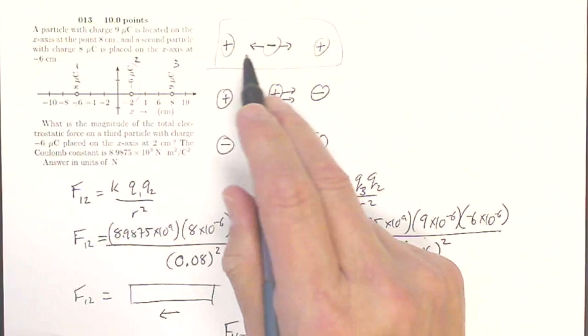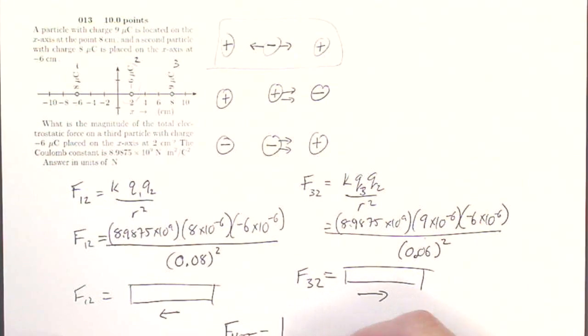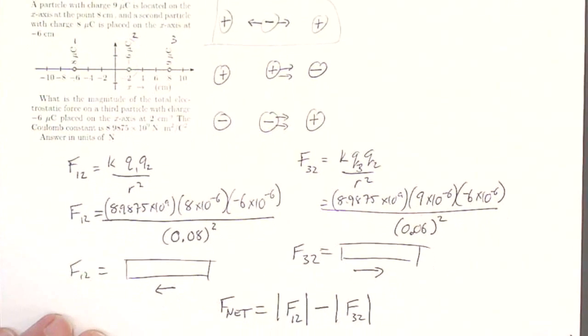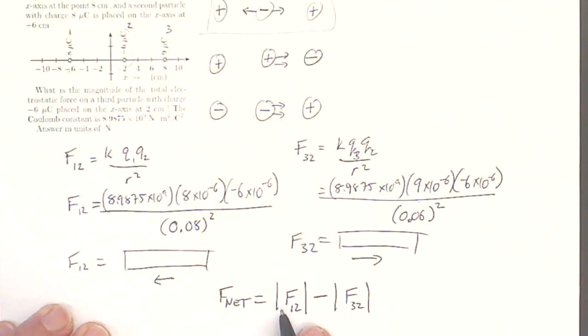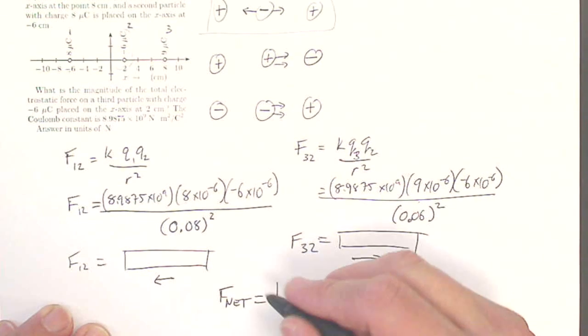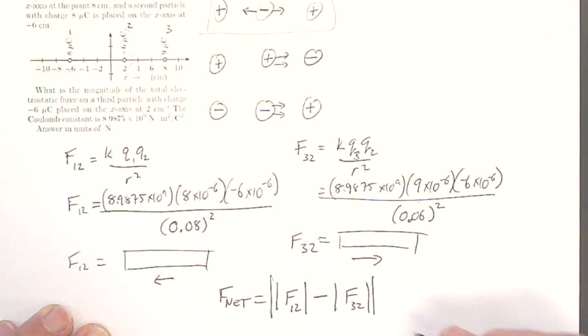So for me, since they're pointing in opposite directions, I'm going to take the absolute value of the first force, and I'm going to subtract the absolute value of the second force. And I'm going to get some number. Now it says the magnitude, so I don't even care if this is positive or negative. So my net force is going to be the difference between these two. So absolute value them and difference them. And then whatever this thing is, find the whole absolute value of the whole darn thing. And that is going to give you some positive net force.